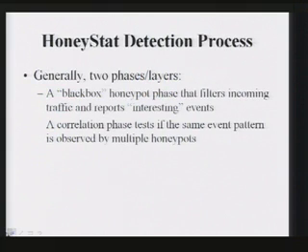So essentially we have two phases again. One phase is the black box, meaning each honeypot would try to filter out some incoming traffic and report interesting activity. For example, they will say, okay, my honeypot is sending outgoing traffic. Now that's very strange activity.